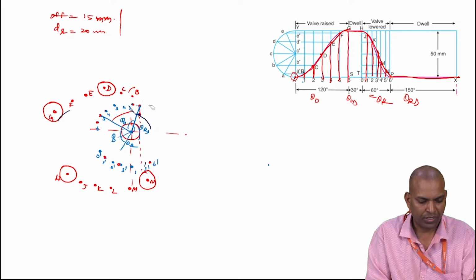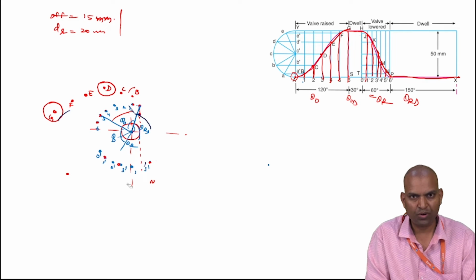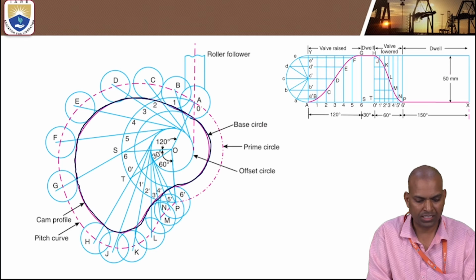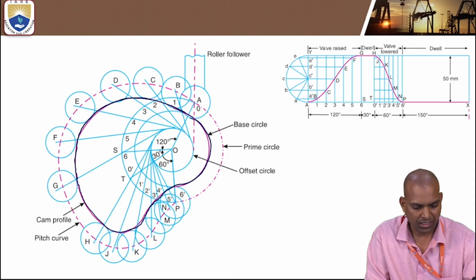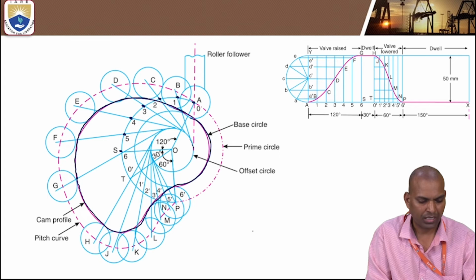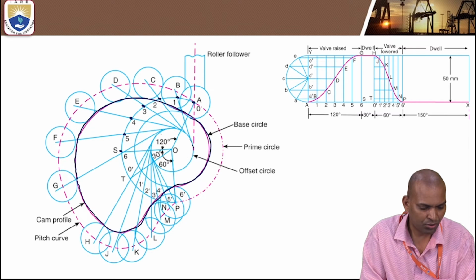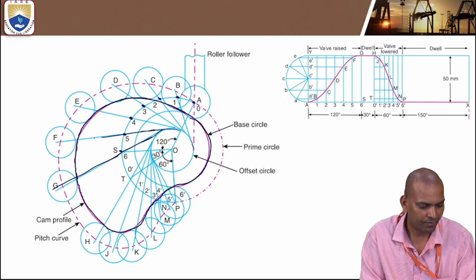But no, we have to draw tangential lines. These tangential lines have to pass through the markings of the divisions on the circumference of the prime circle. These tangential lines should pass through them.